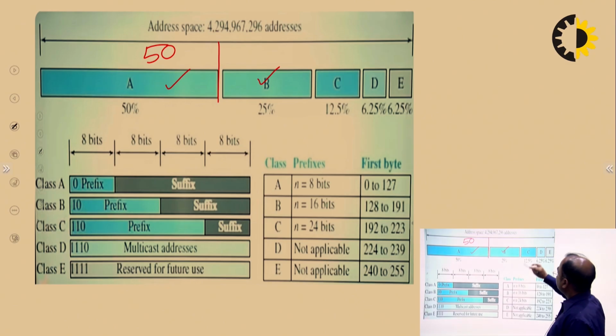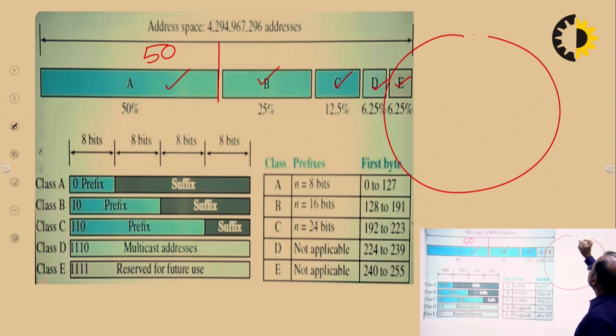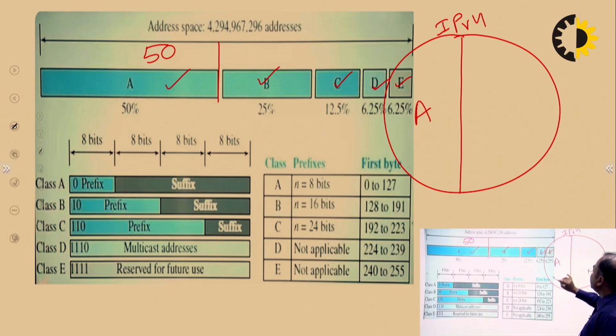Then 12.5% in class C, and 6.25% each in classes D and E. You can see the scenario like that. If this is the IPv4, Internet Protocol version 4, address space, then class A is 50% of the whole addresses.